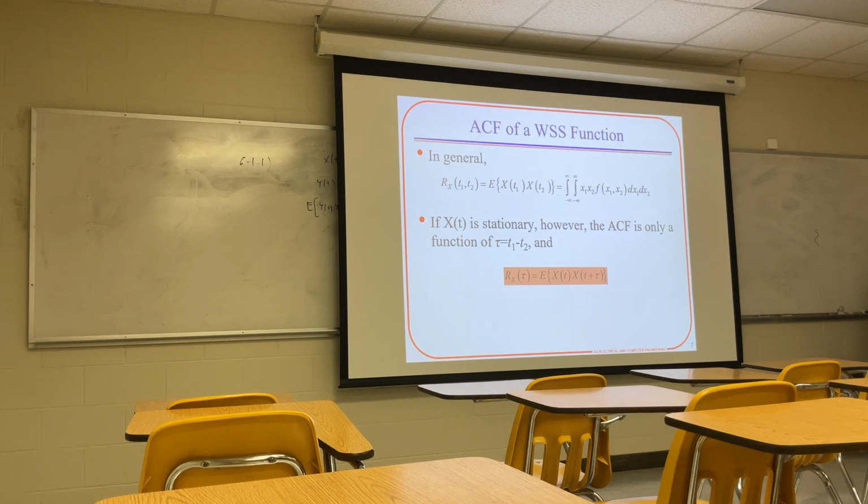Okay. We talked about autocorrelation of wide sense stationary function. The only thing that means is the standard deviation, the mean, nothing changes with time. It's something that's always going to be the same regardless of time.